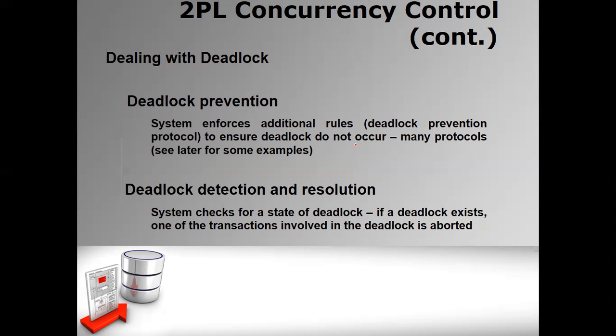And the second method is where the deadlock has occurred in the system and it is detected, then how to come up with that problem, how we can abort the transaction and resolve the deadlock. So those are the two policies, that is prevention and deadlock detection and resolution.